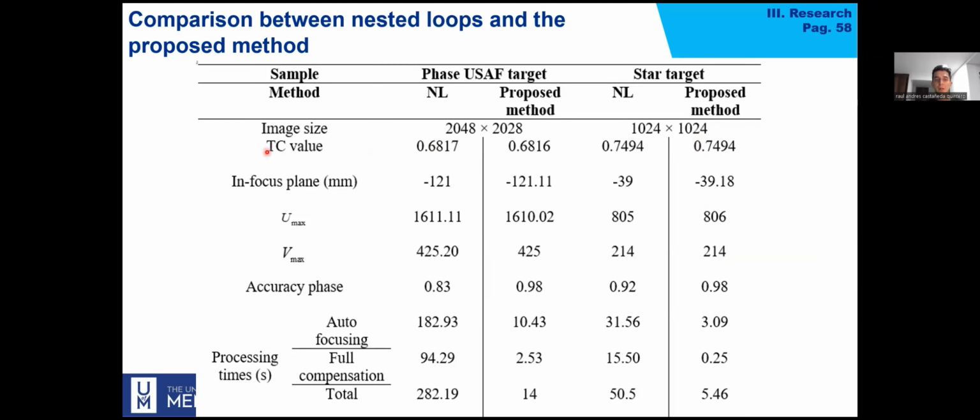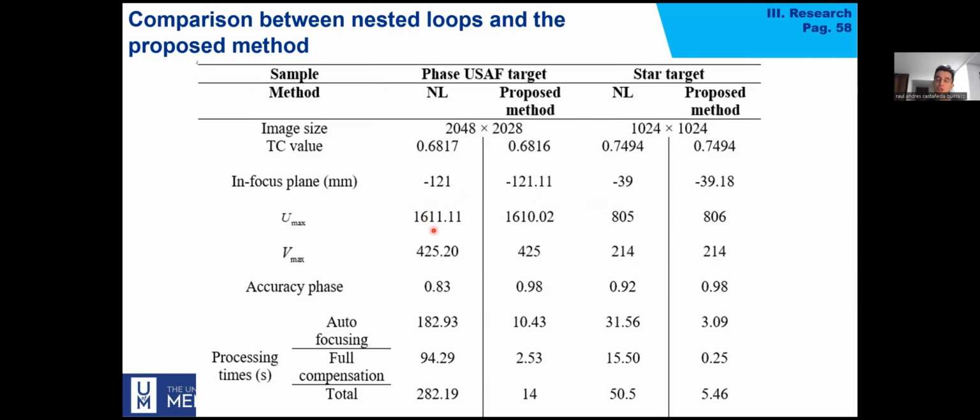You can see that the Tamura coefficient is almost the same. In the nested loops, we defined the propagation distance limits, like boundaries, to run the nested loops, right? So the in-focus plane is almost the same.